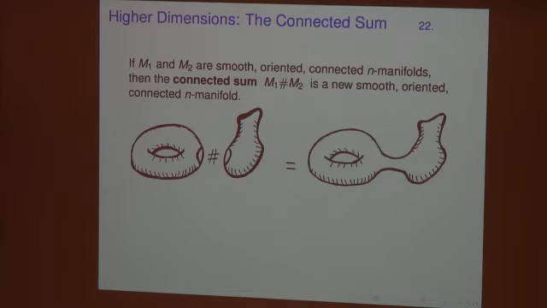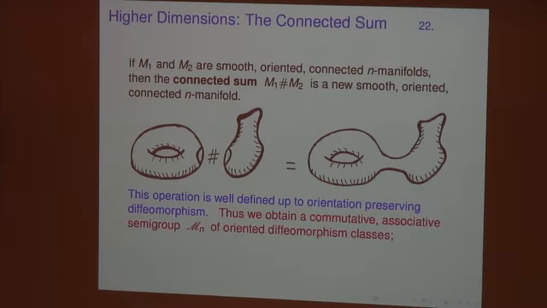Well, this is easily seen to be well-defined, first of all. There's essentially only one way of embedding a standard disk into a smooth manifold, up to smooth isotopy. So it's well-defined, and it's commutative and associative. So we get a semigroup, or a monoid if you prefer. It's a semigroup which has the sphere as identity element. If we add a sphere to any manifold, we get something which is diffeomorphic to the original.